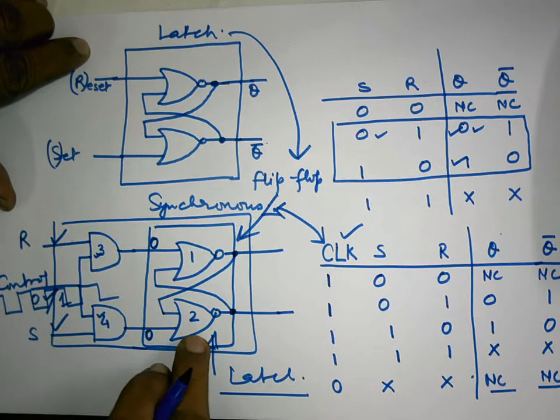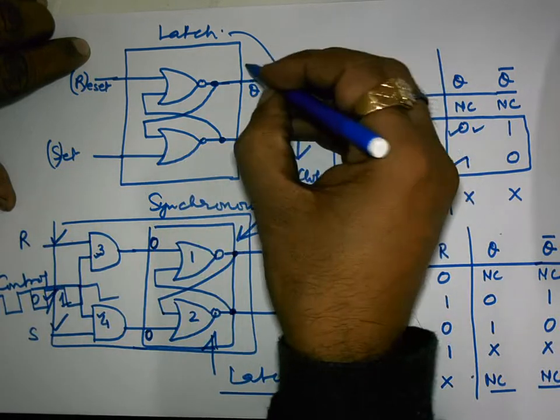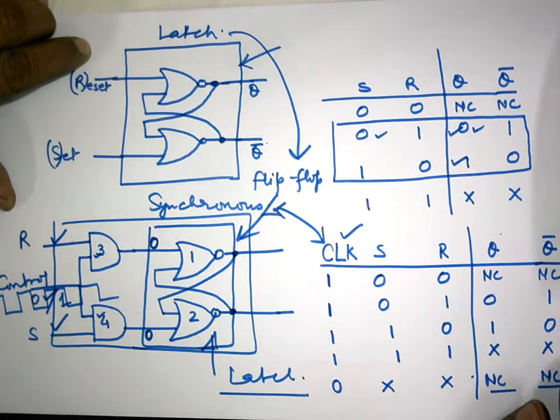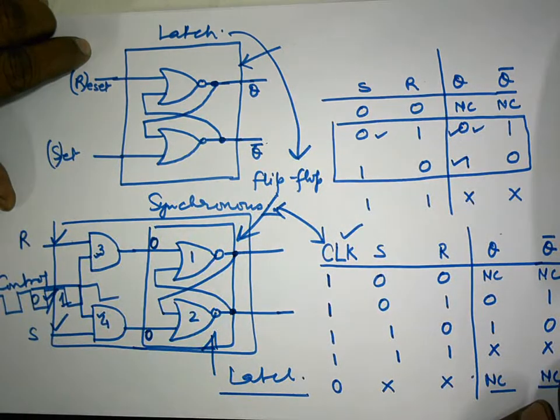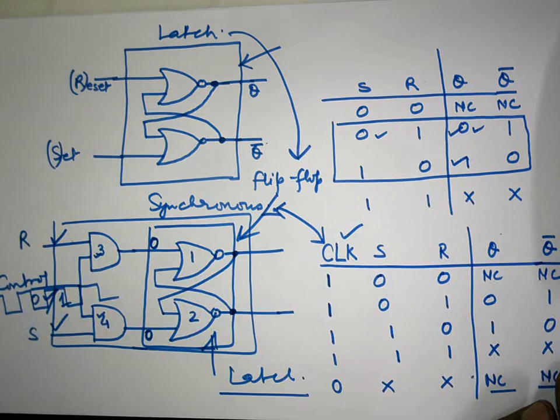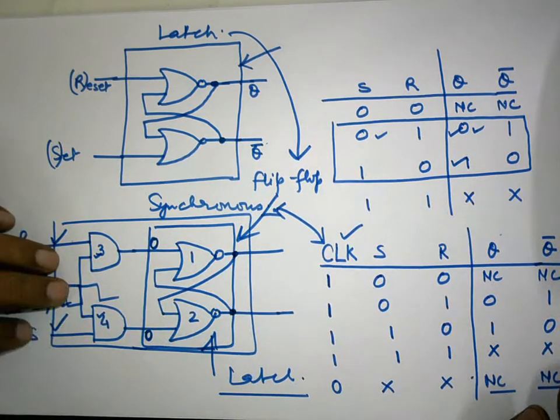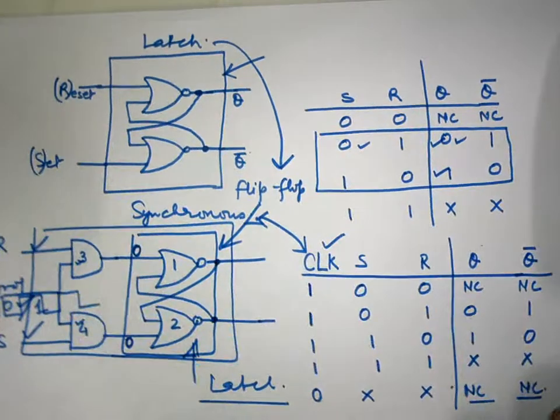But what the final output will be is decided by the latch. So you have to very clearly understand the operation of the latch. Once you understand the operation of the latch, you can do anything in your sequential design. You can do all the things which are required in your sequential design. Now I am further coming to the next point.